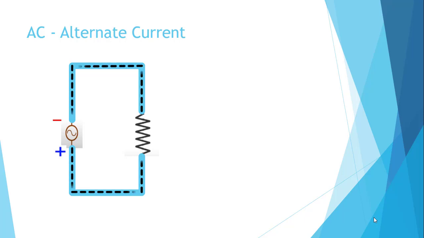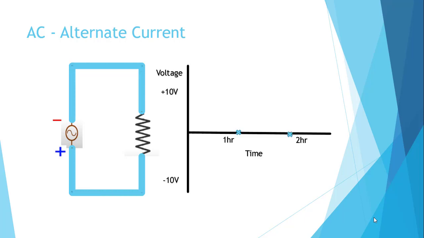Now, if we happen to plot a graph of AC, you will get something like this. As I mentioned, in AC, the polarity changes and the magnitude also changes.